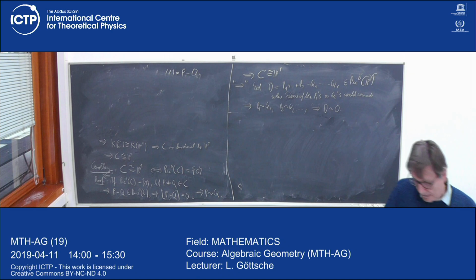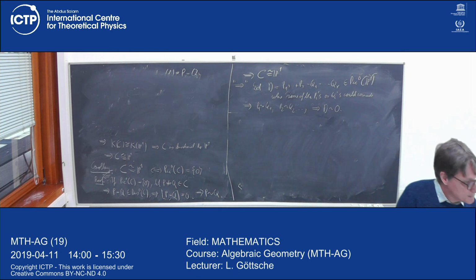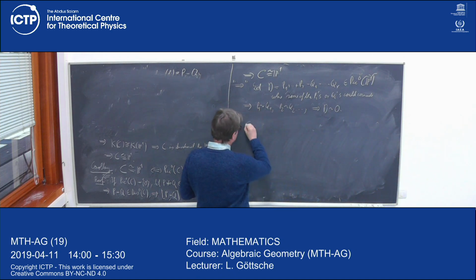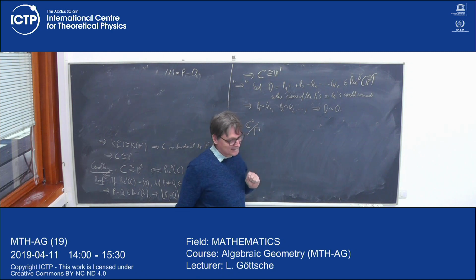You have Pic^0. And so it will always be what is called an algebraic group. Say we work over the complex numbers. Then the Picard group can always be written as C^n divided by some lattice. In fact, you can prove that it's always an algebraic variety itself in a natural way.